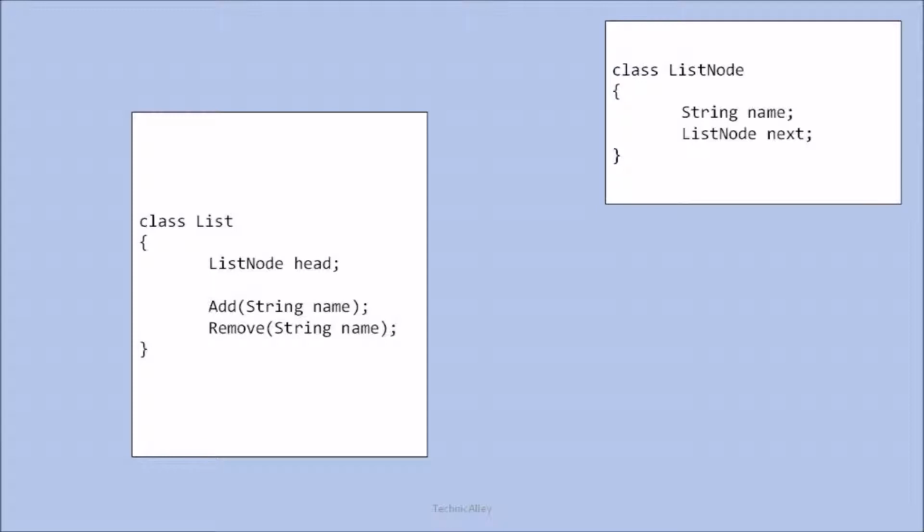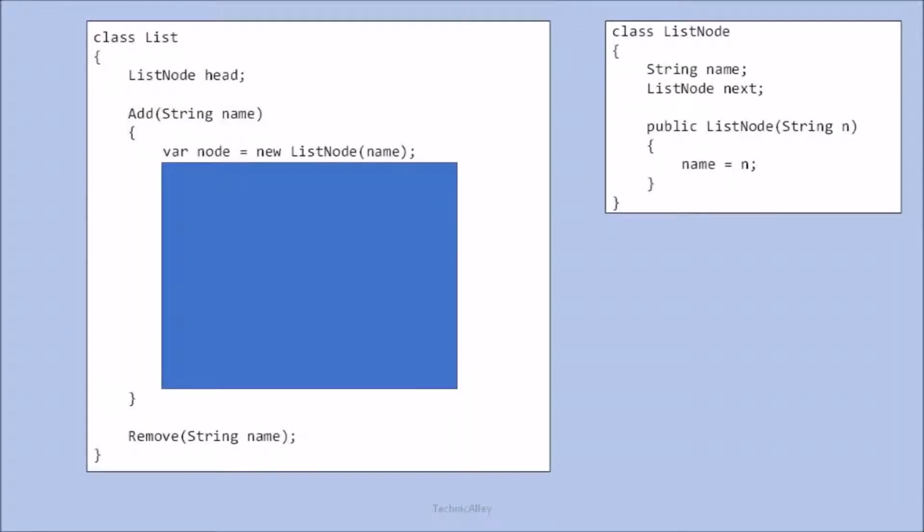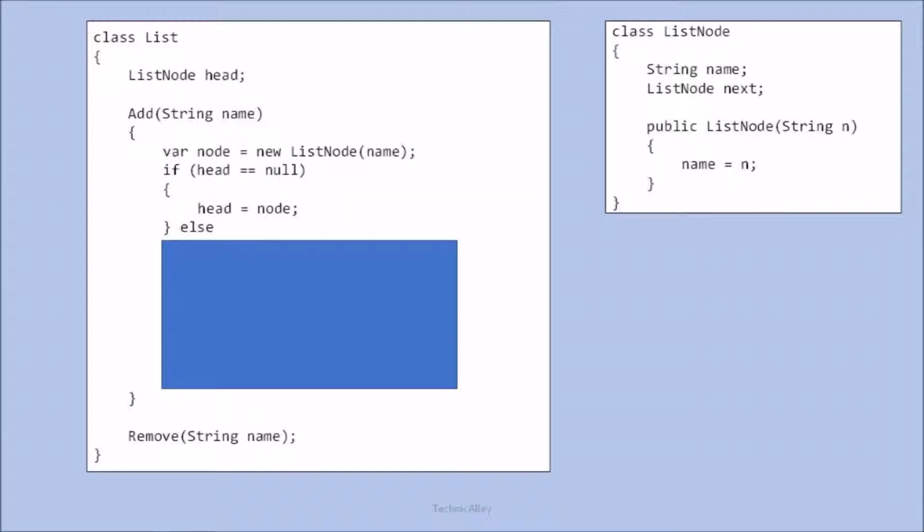Let's start with adding items to the list when all we know is the first element of the list. First, we create a new node with the given name, and now we need to attach this node to the end of the list. For that, we have to consider two options. First, when the list is currently empty and there's no first element. So, when the head of the list is null, we want this newly created element to be the head of the list.